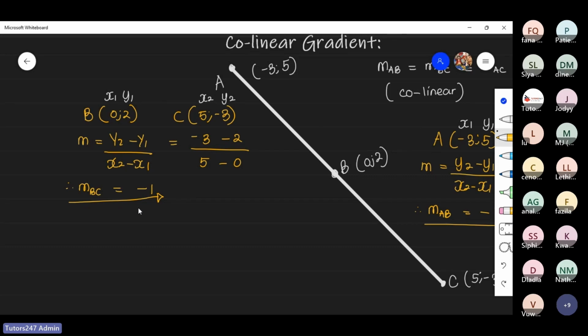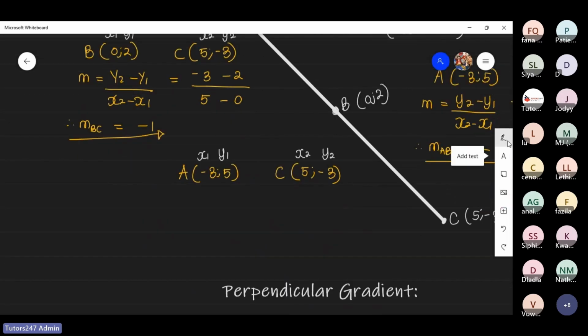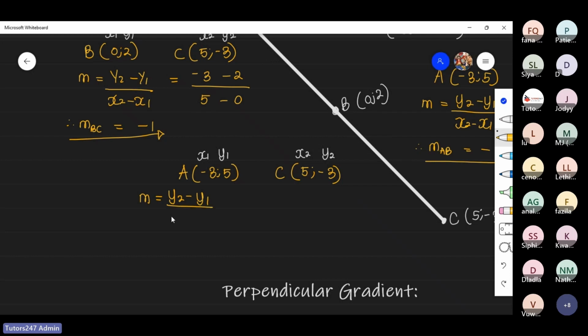The only thing that's left is to calculate the gradient of AC. If I'm calculating the gradient AC, I'm going to use the coordinates A, which is negative 3 and 5, and the coordinate of C, which is 5 and negative 3. So A is going to be x1, y1. C is going to be x2, y2. Let us substitute and calculate the gradient AC. My formula is M equals y2 minus y1 over x2 minus x1.